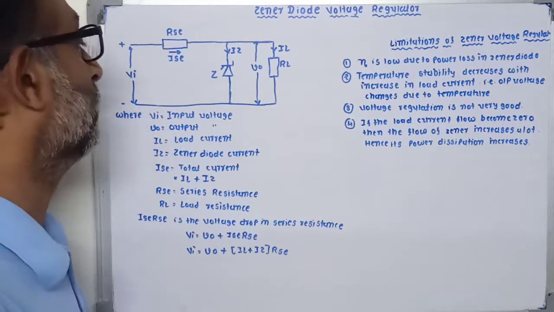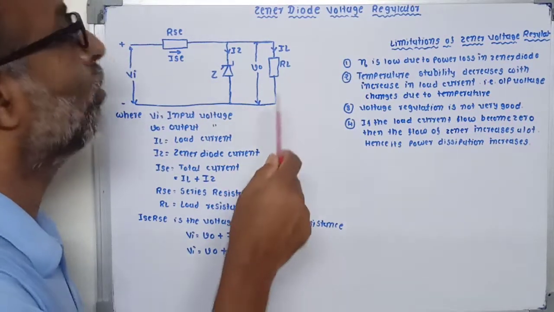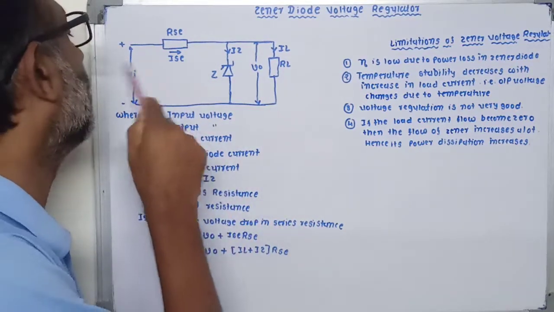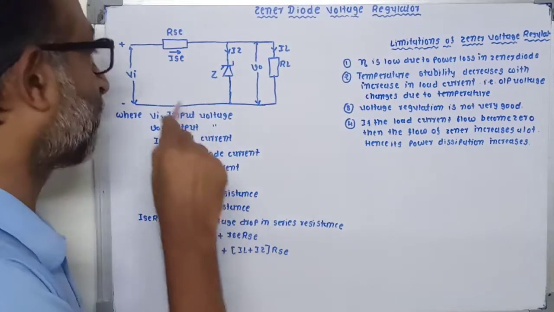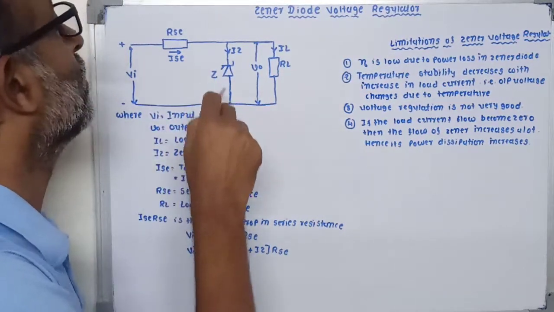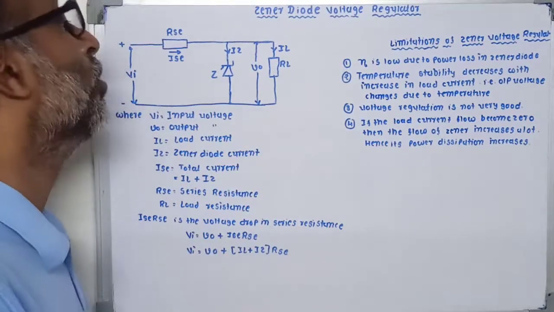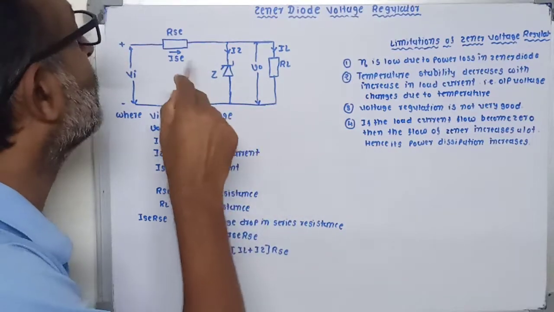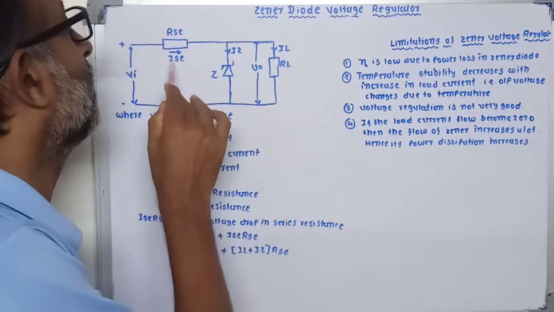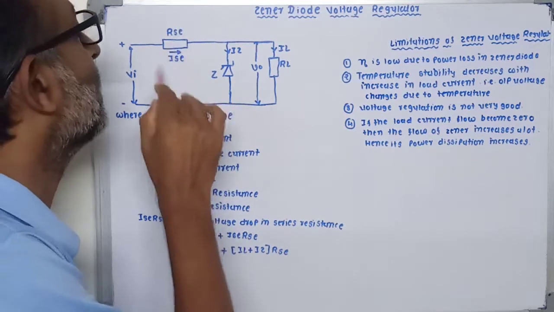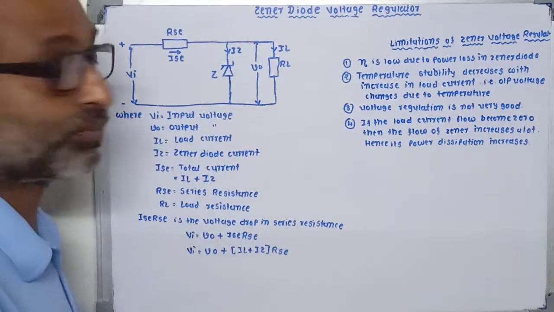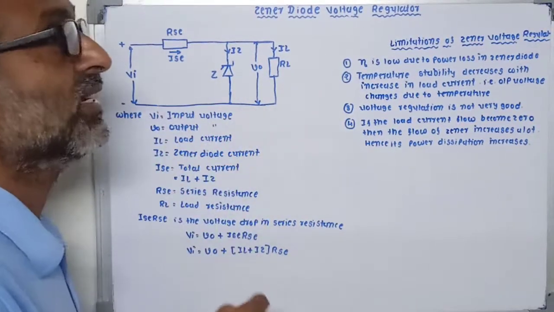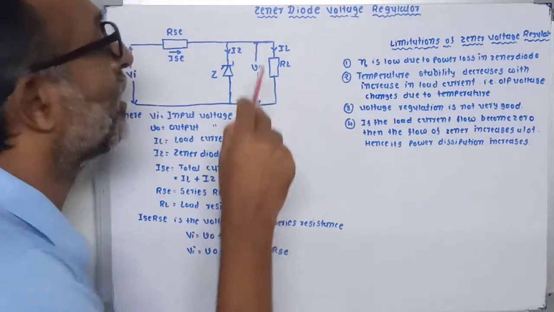And now in the second case, if our load current remains constant and due to any reason the supply voltage Vi is increased, that means our Zener diode draws more current, and for that it ultimately increases the current passing through the series resistance ISC. This increases the voltage drop across this resistance RSC, and the output voltage V0 remains constant.